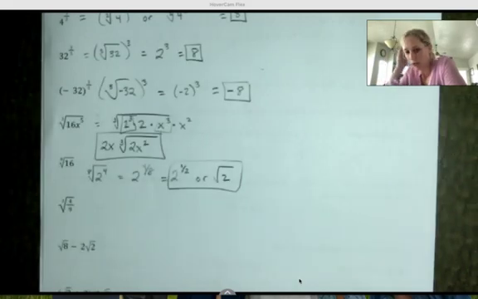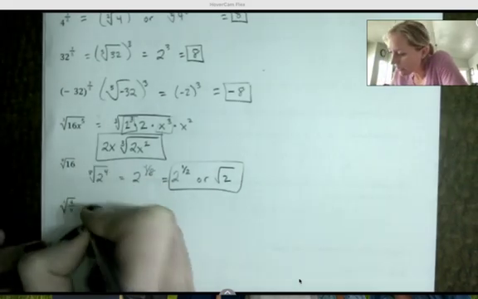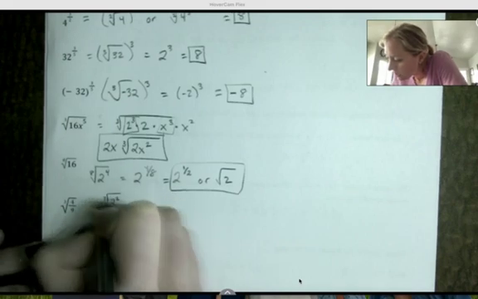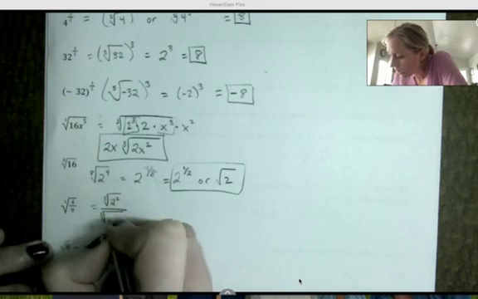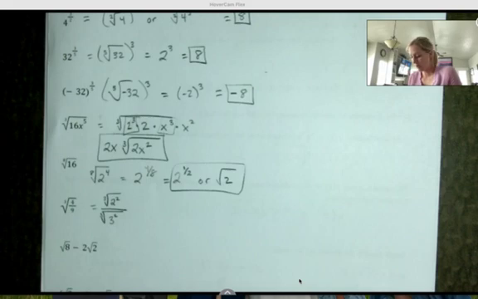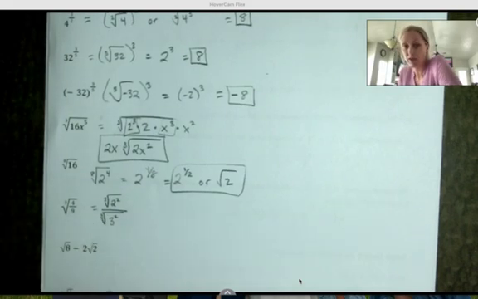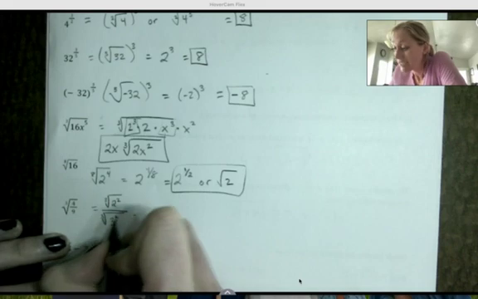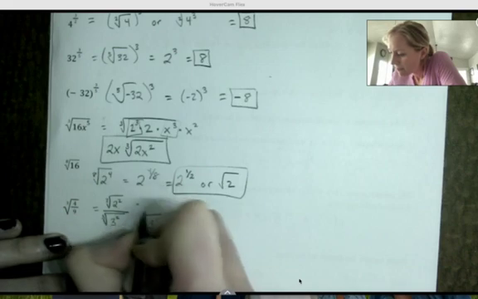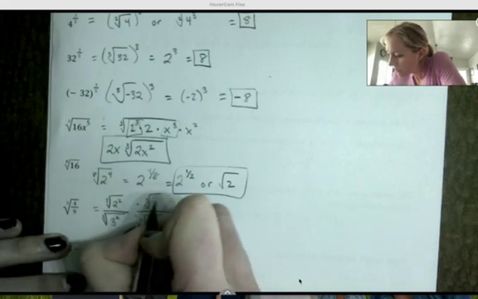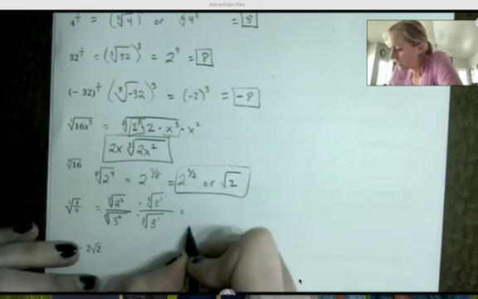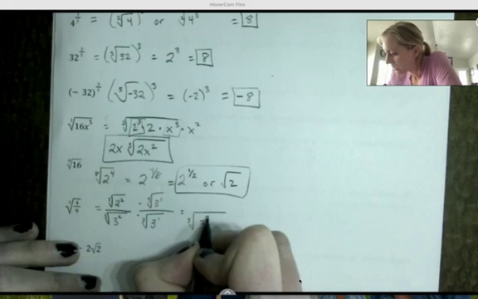Okay, cube root of 4 to the 9th. Okay, so this is the same as the cube root of 2 squared over the cube root of 3 squared. Okay, so I do not want a radical in the denominator, so I need to make it so I have something to the third power. So I have 3 to the second power, so if I were able to multiply by another 3, that would give me 2, and if I combine these here, I'm going to get the cube root of 3 cubed.